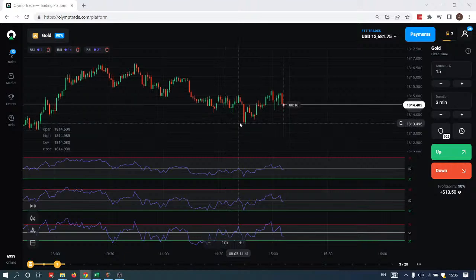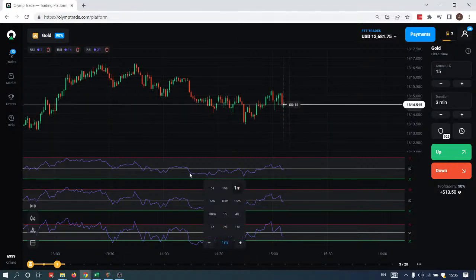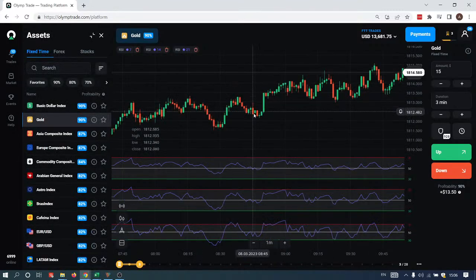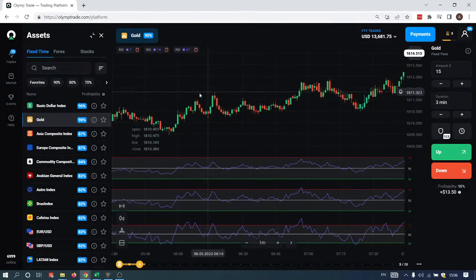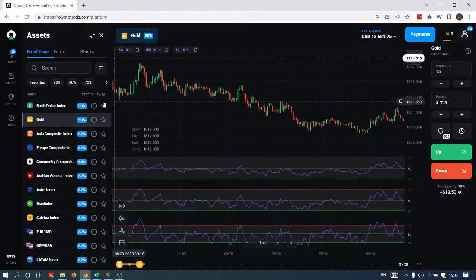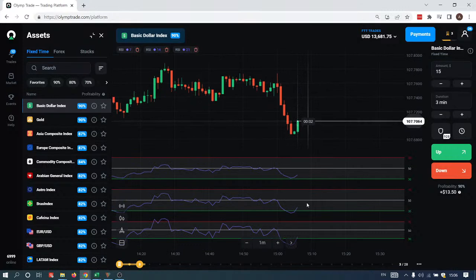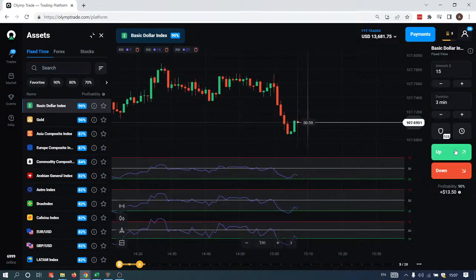Okay, so in short, what you need to do is, like I said, use this strategy. So let me go ahead and find some examples of a signal with this strategy. So for example, just here, we have a perfect signal like this one. Let's open also 5 minutes.